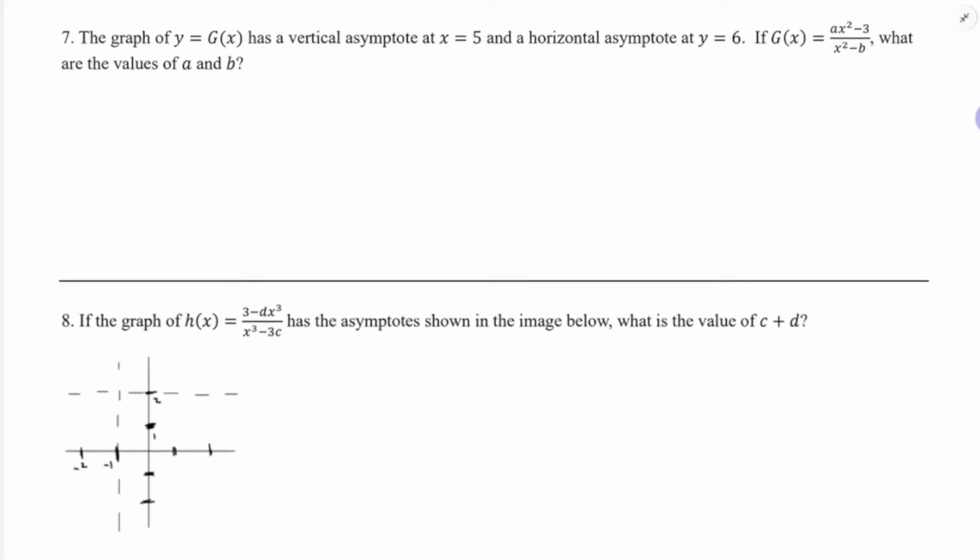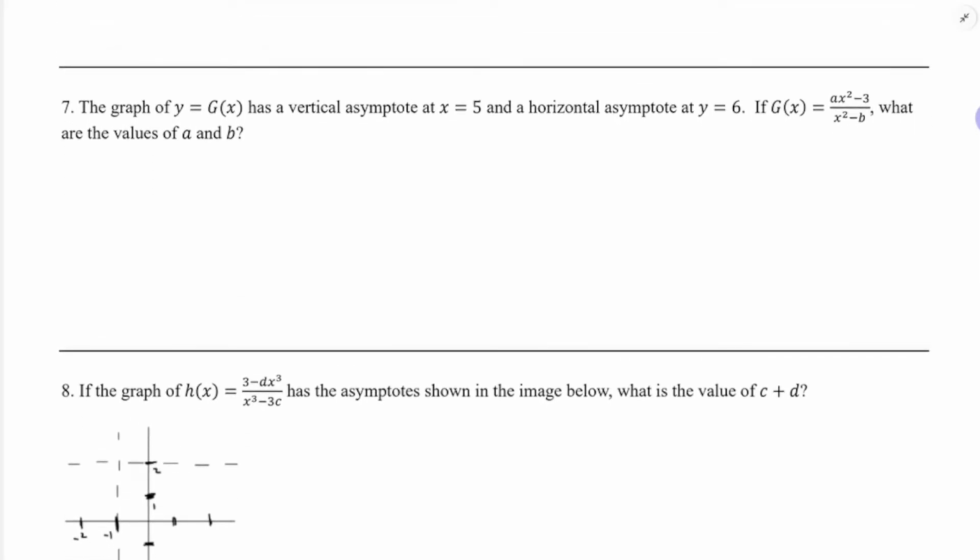Okay, now we only have 2 problems left here. This is a relatively quick one. G has a vertical asymptote at x equals 5 and a horizontal asymptote at y equals 6.